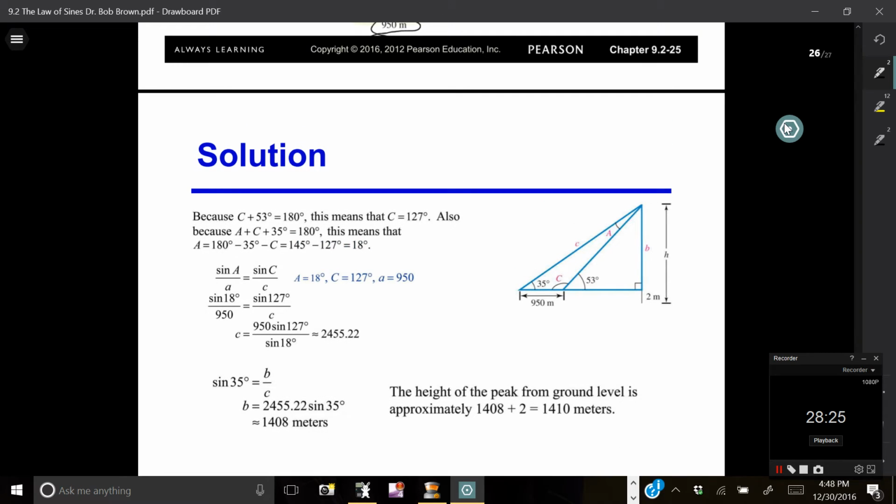So let's draw triangles here. Here's 2 meters representing the height of the man.